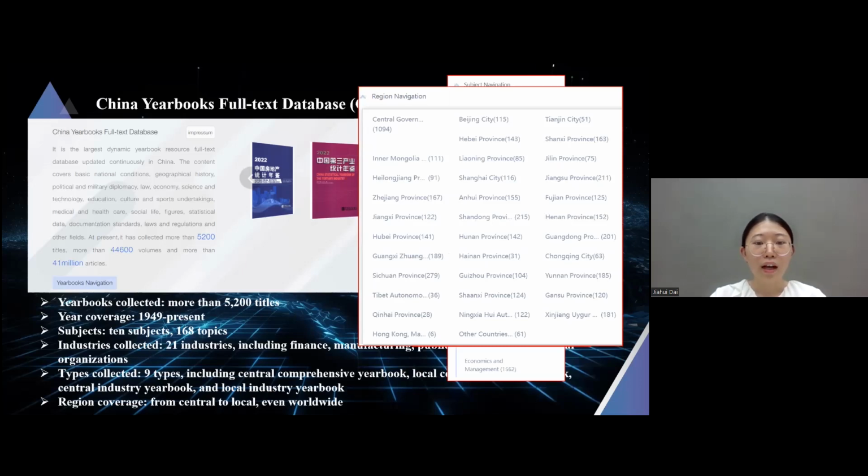Its region coverage is also wide, from the central to 34 provincial regions, and yearbooks about the world and other countries are also included.